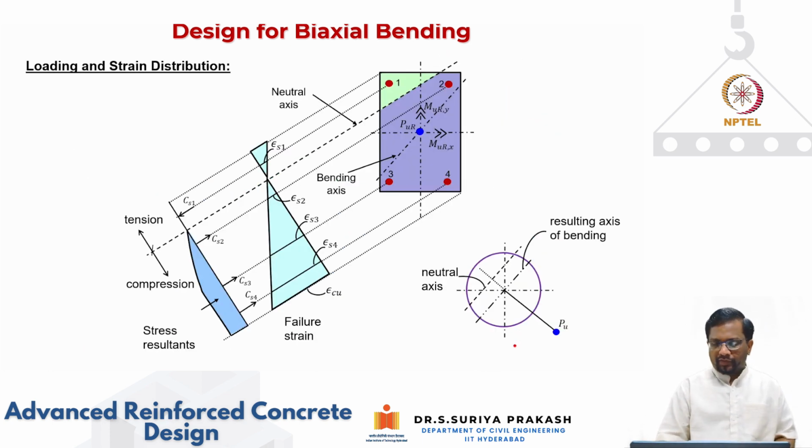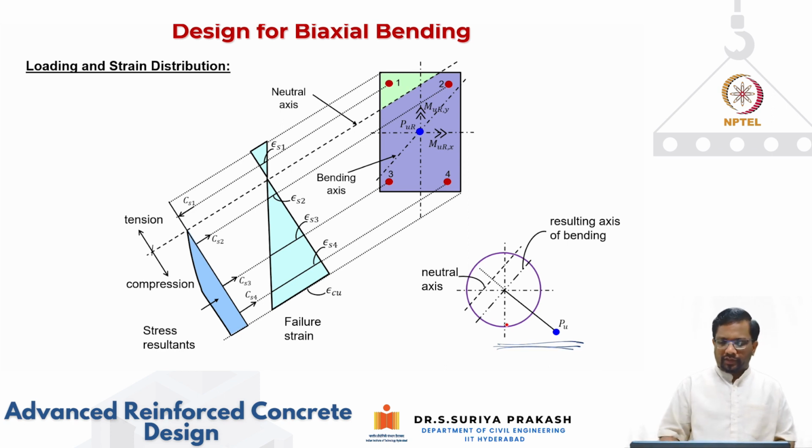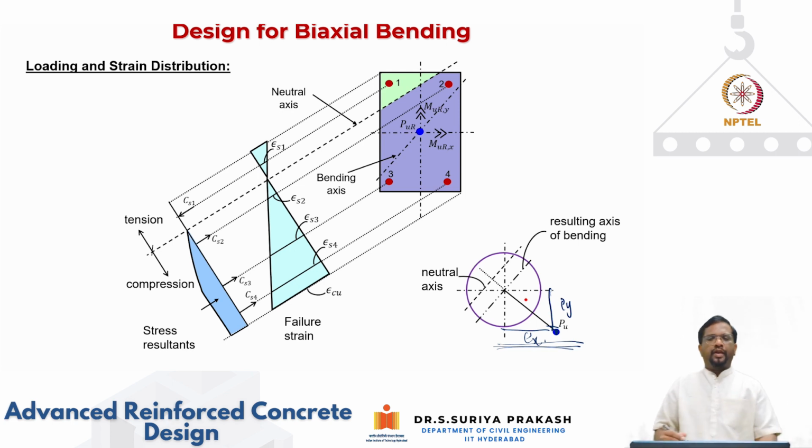Let's look first at the circular section. A circular section is an axisymmetric section. Wherever your axial compression is, even if it is moving at an eccentricity, let's say this is EY and this is EX, because the section is axisymmetric, we can find the resultant axis of bending.